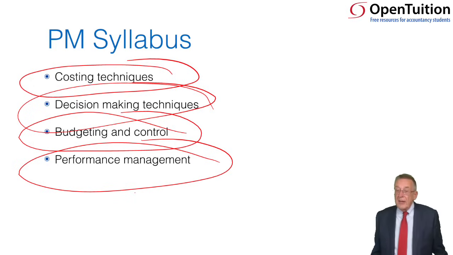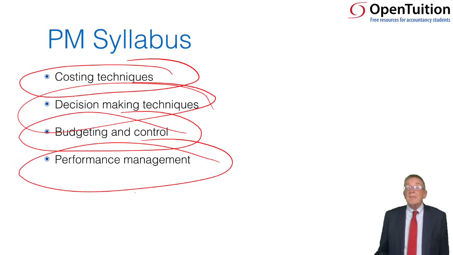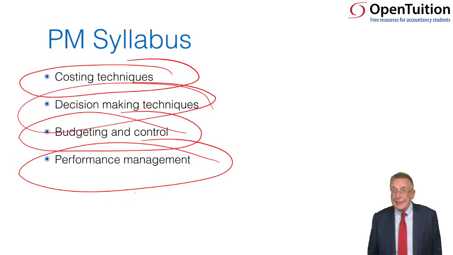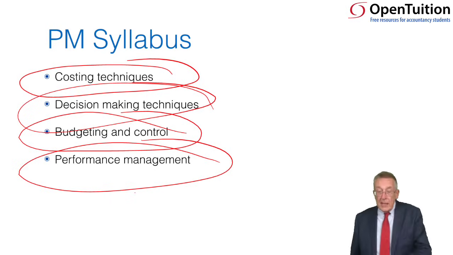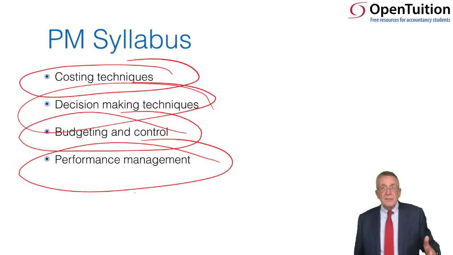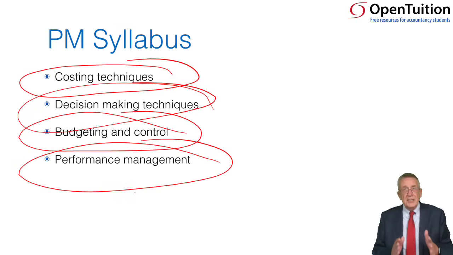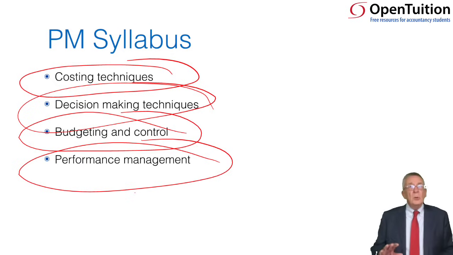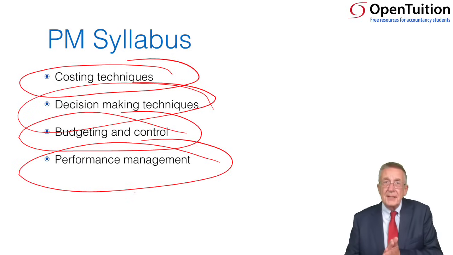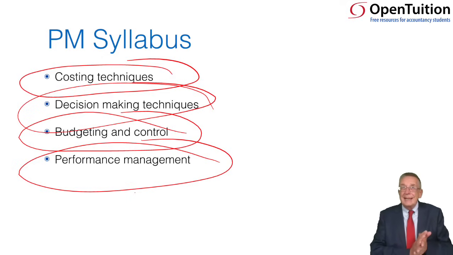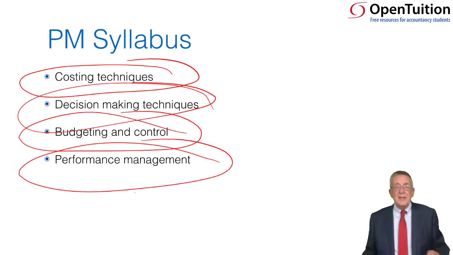So again, there are only the four main headings, but under each of the headings there are a lot of individual topics which need learning. And let me stress right from the beginning that although there's quite a lot of calculations involved, which individually aren't hard, it's just there's a lot of them, the exam overall, always approximately 50% is calculations, approximately 50% is what people call theory, but is writing.